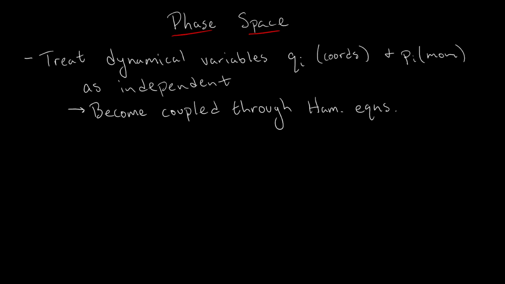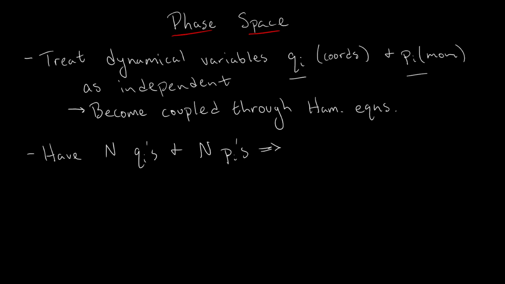The idea of phase space is that, say we have n q sub i's and n p sub i's. Then we are going to define phase space as the space whose axes are made up of all of our independent coordinates, all of the q sub i's and all of the p sub i's.